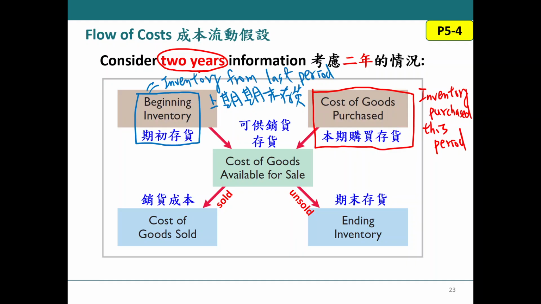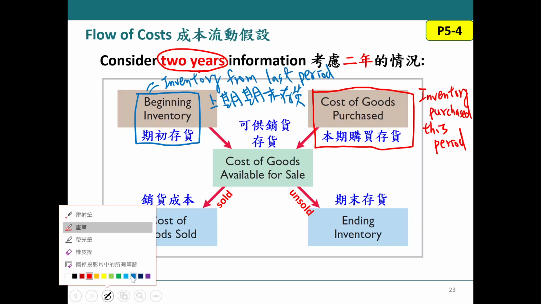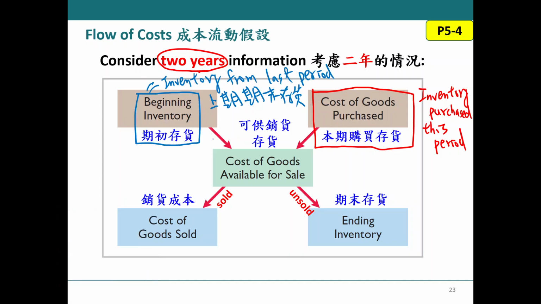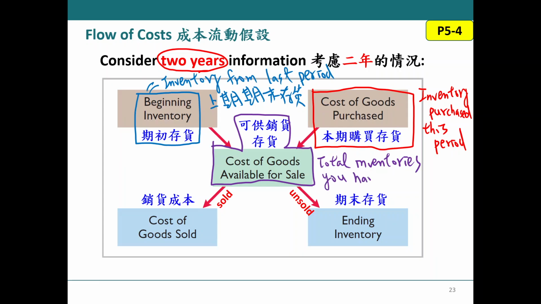So that's what we call the cost of goods available for sales, 可供销售存货. Cost of goods available for sales means what? The total inventory you have. Okay?